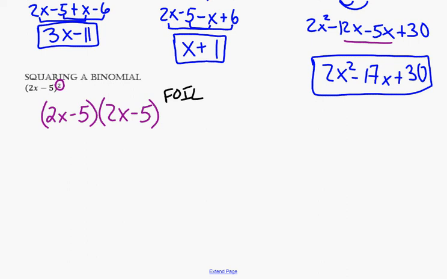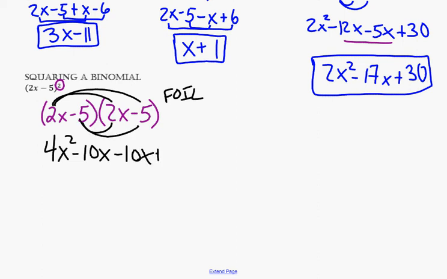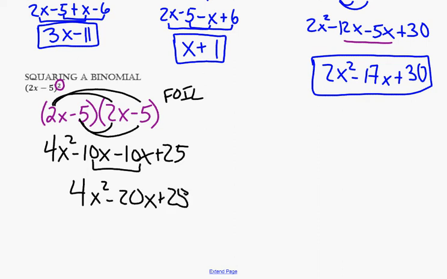So I go ahead and do the same process. Take him to both. That gives me a 4x squared minus 10x. Here I get another minus 10x. And there I get a plus 25. So when I combine like terms, I get 4x squared minus 20x plus 25. And that's my FOILed answer.